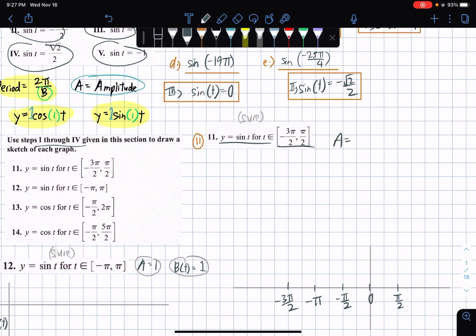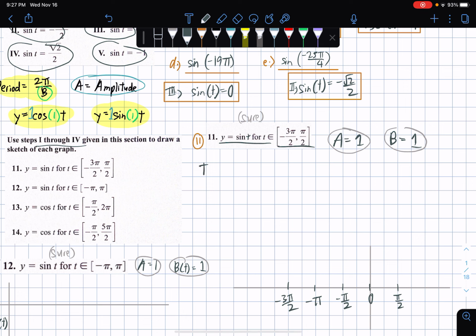So the invisible number will always be 1, so the amplitude is 1. And the b value is, so sine t, there's no visible coefficient between t and sine, so obviously b is 1 also.